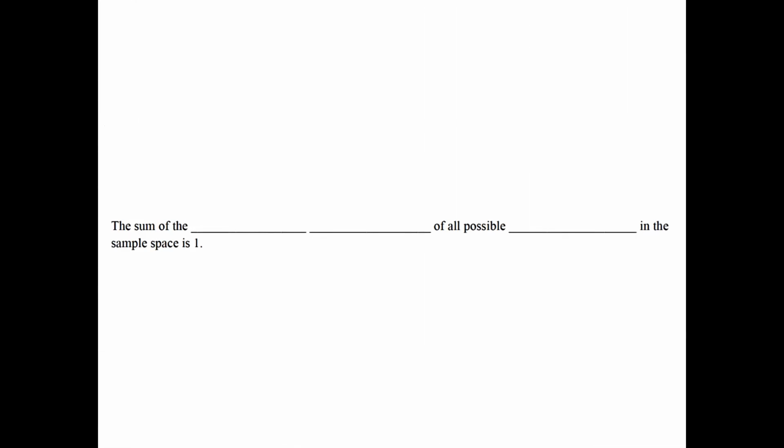All right, let's go ahead and take a look at this. The sum of the theoretical probability of all possible outcomes in a sample space is 1, meaning that it is going to be 100%.